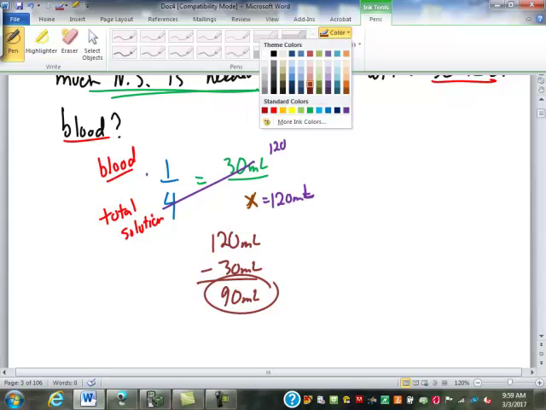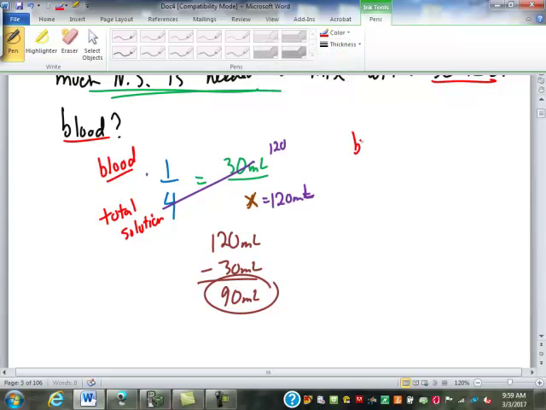The other way we could have approached that is we could have created that ratio of blood to water, or blood to saline. It's still 1 part blood, but how many parts of water is there going to be? 3. Where did 3 come from? 4 minus 1, right? There's 4 total parts, and 1 of those parts is blood.